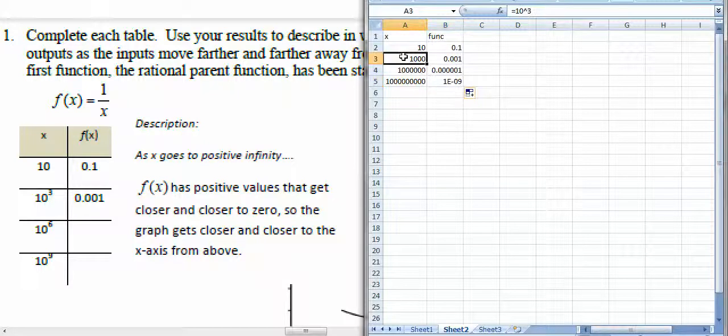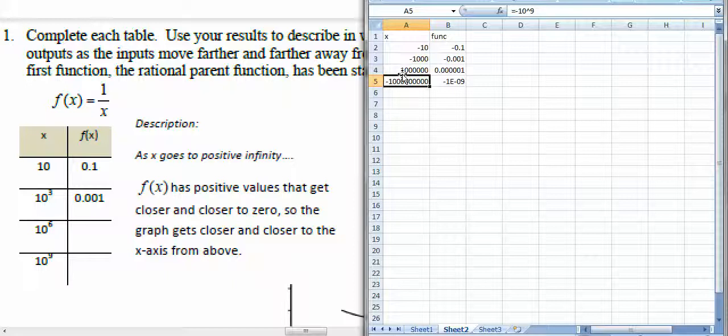All right, what happens if we make these negatives? Well, it just makes this thing negative here, and this thing negative, and so on and so forth. All it does is change these numbers to negative numbers, like negative 1 million.